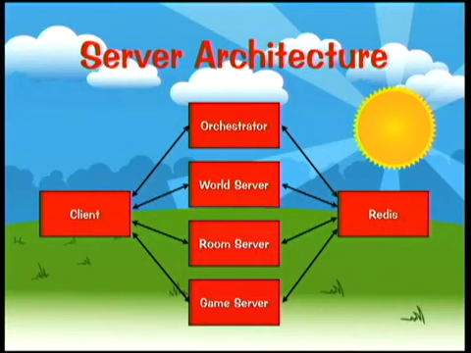So if you want to go to New York City, you do an HTTP request to the orchestrator and say, I want to check out New York City. And the orchestrator will come back and say, all right, connect to this server, and it will talk to you and tell you about New York City, and you'll now communicate with it.